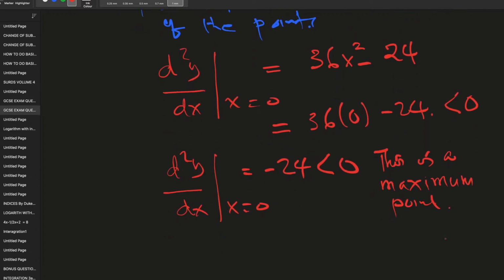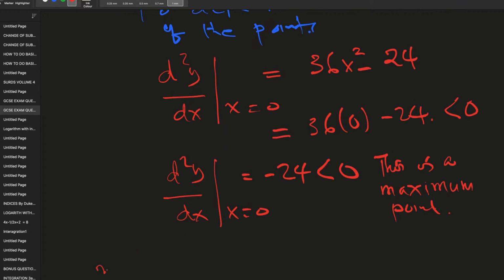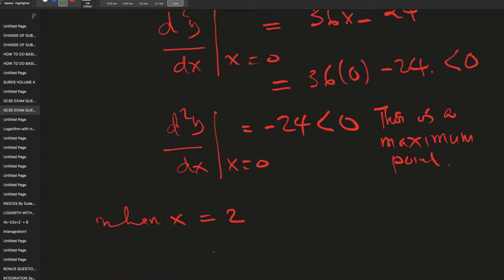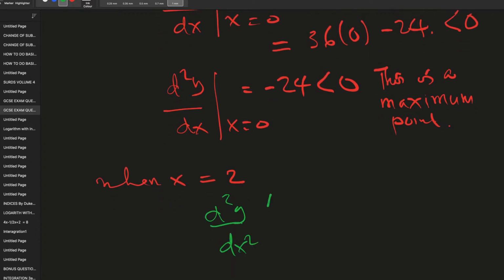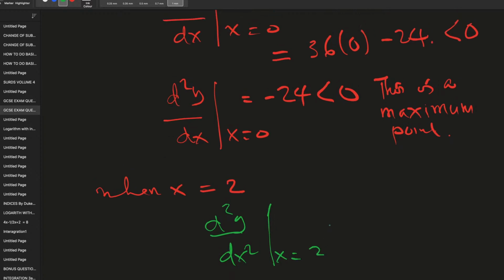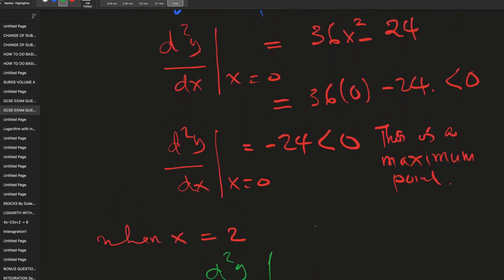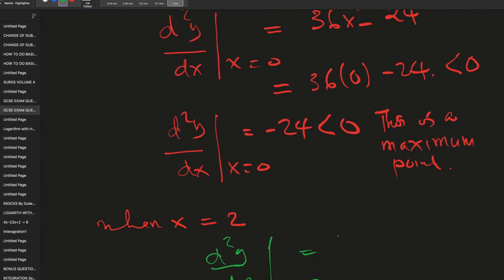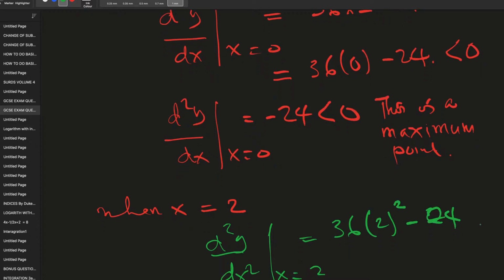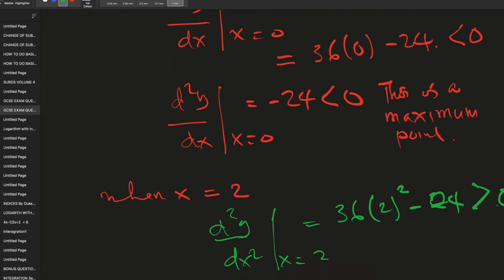Also, when x equals 2, when s equals 2, the value of the second derivative is 36 times 2 squared minus 24, and this value is greater than 0.